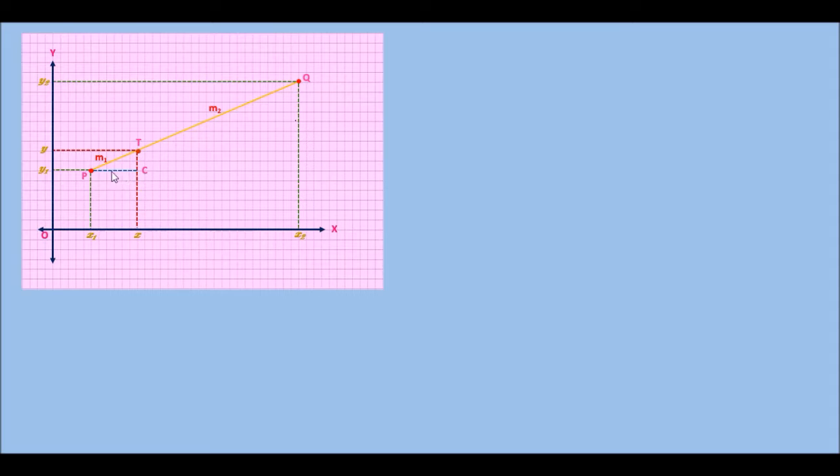we construct perpendiculars. We drop a perpendicular from this point P on this line and name the foot of the perpendicular as C. We drop another perpendicular from this point T on this line and we name the foot of the perpendicular as point D. Now coming to these two triangles, this one, the smaller one, and this one, the big one.